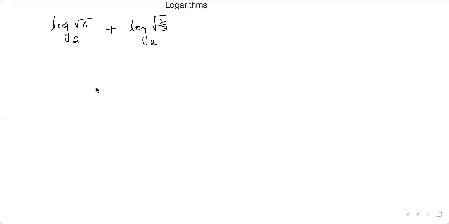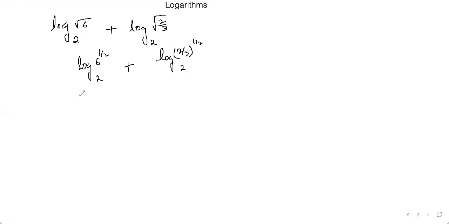Let us try to solve this now. So this becomes log 6 to the power of 1 by 2 to the base 2, plus again log 2 by 3 to the power of 1 by 2 to the base 2. So we know that the law which we apply is log m power n is n log m. Okay, let us apply that.